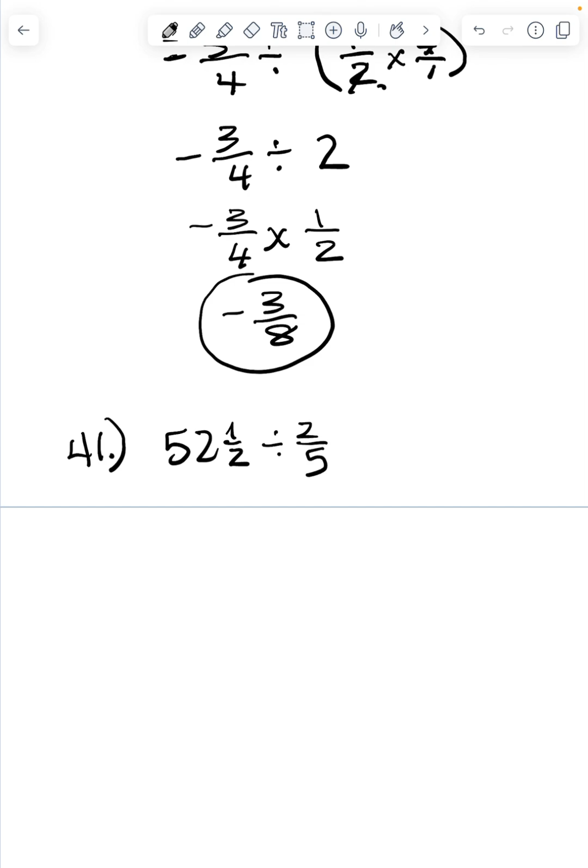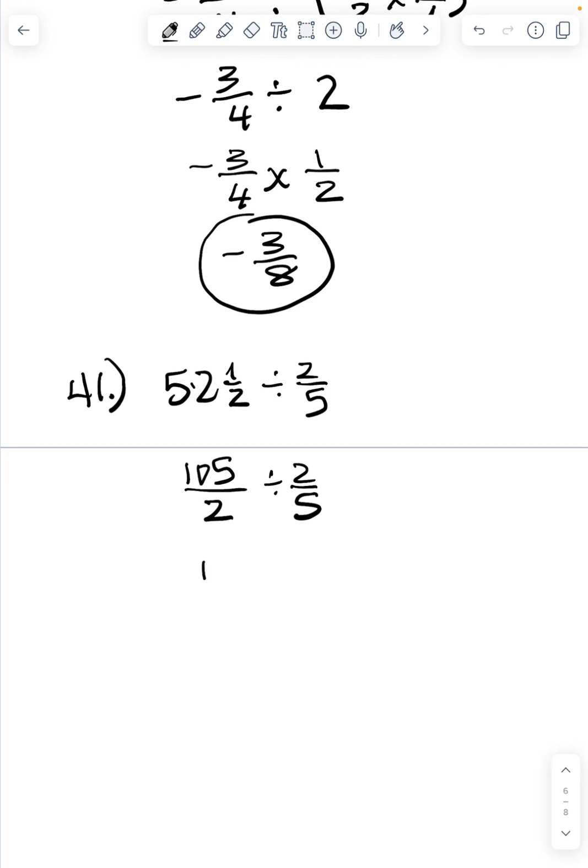So here's our problem. We need to create an improper fraction. So 52 times 2 plus 1 is 105 over 2 divided by 2/5. But now I need to take my 105 over 2 and multiply by the reciprocal, which is 5/2. And that's going to get me 525 over 4.